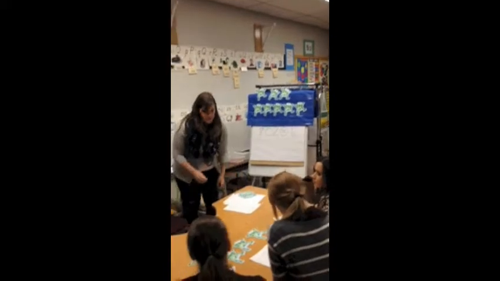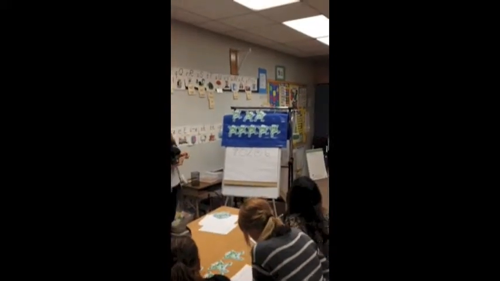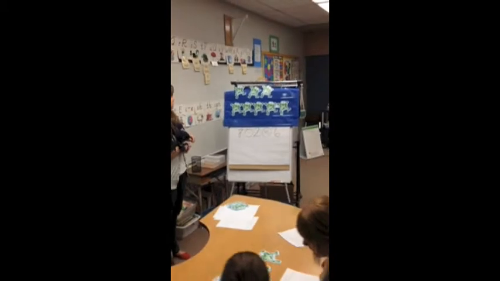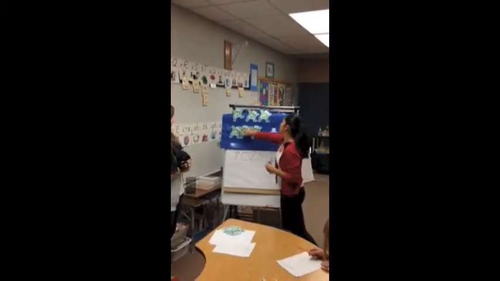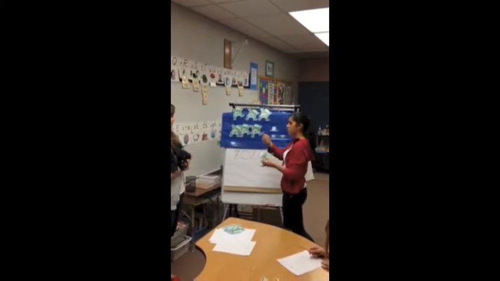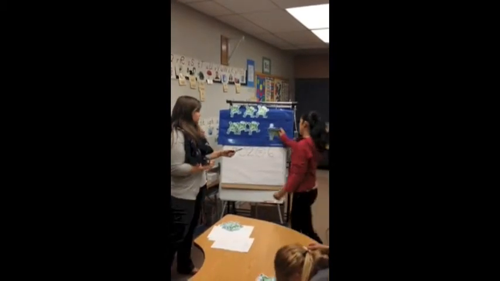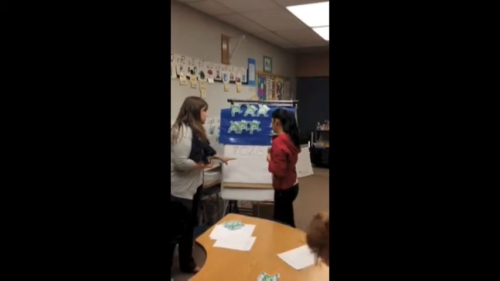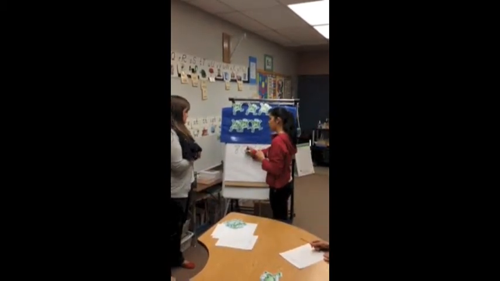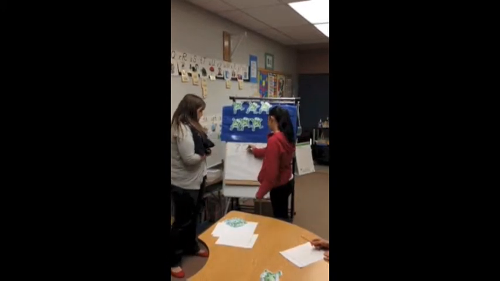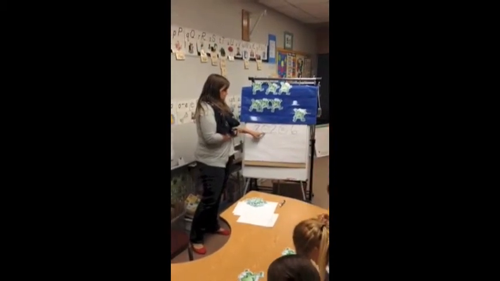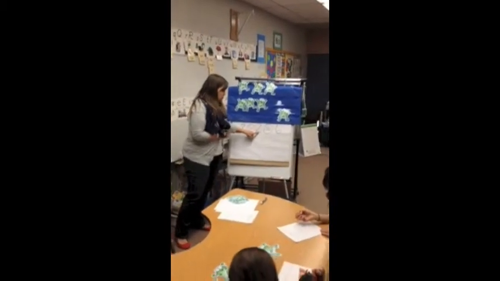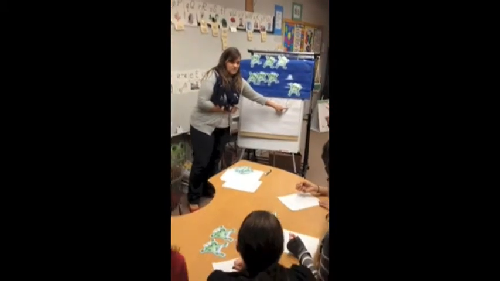Okay, can you come take away 2 frogs and see if our answer is 6? 6, perfect. Can you draw our proper symbol? So our statement is true. We're going to draw it right here in a circle. All right, so our mathematical sentence is 8 minus 2 equals 6.